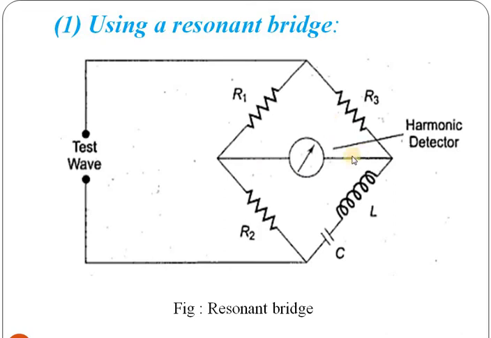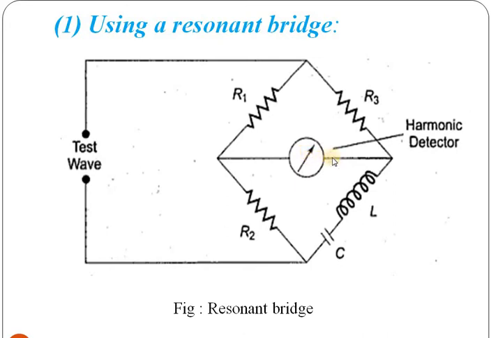If any component other than the fundamental is applied to this bridge, those harmonic components are detected by the detector. If only the fundamental is applied, the bridge is balanced and there is no indication in the meter; the detector will indicate a null reading.